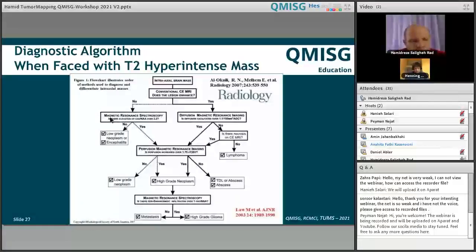One of the very first attempts of multi-parametric MRI in this topic is a diagnostic algorithm when we look at a T2 hyperintense mass, and a very great job by Professor Law shows that we indeed are able to understand what's going on for a very general T2 hyperintense mass in terms of tissue type and tissue characterization, simply when we follow the decision tree and the appropriate modality, and not even very complex AI techniques are needed.